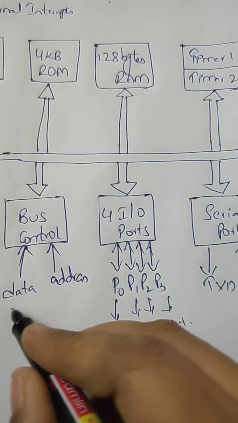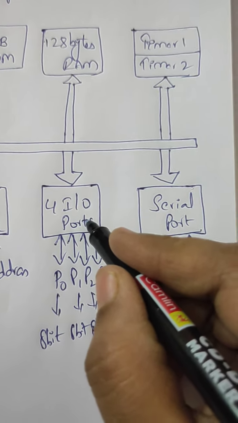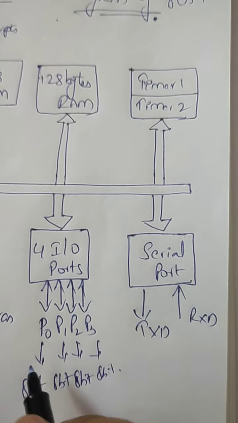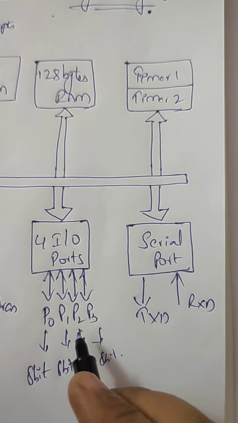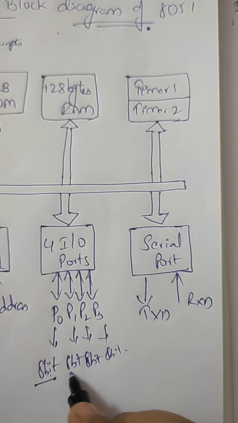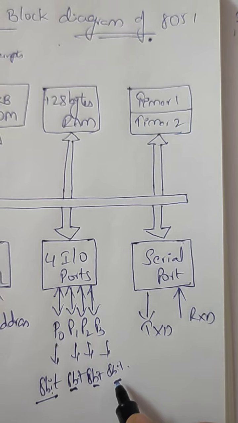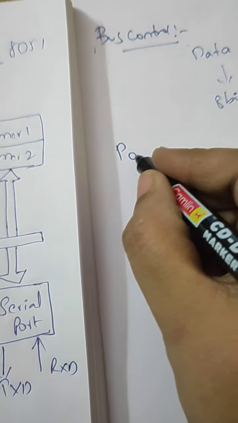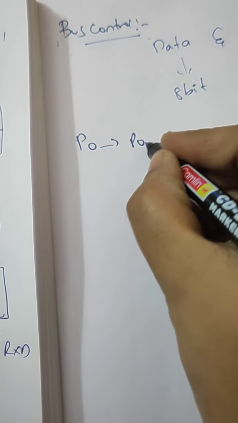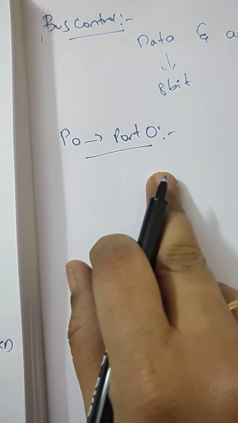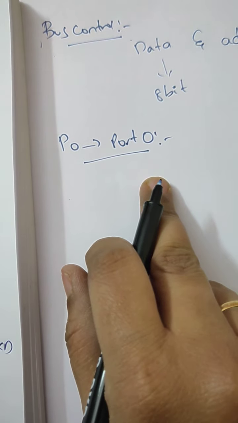And if we come to the 4 input and output ports, there are 4 input and output ports, namely port 0, port 1, port 2, port 3. And each port consists of 8 bits. If you come to port 0, it is used to perform only input and output operations.